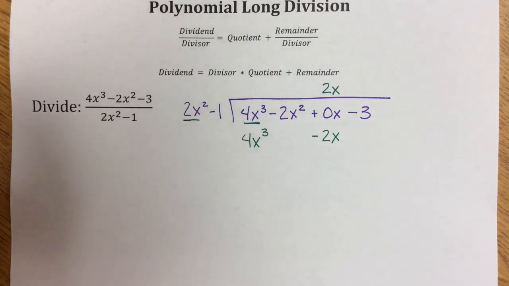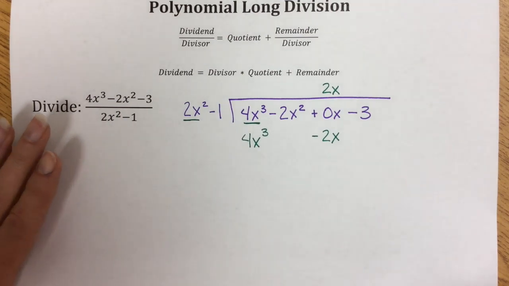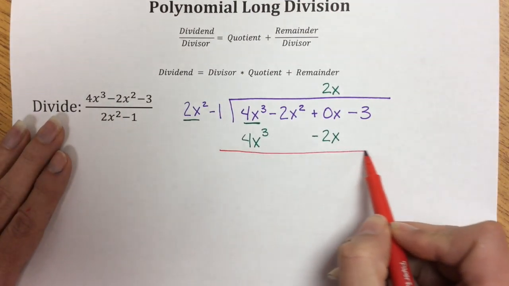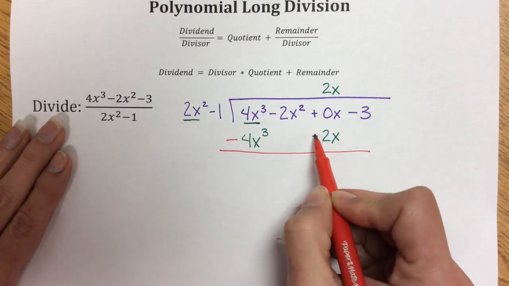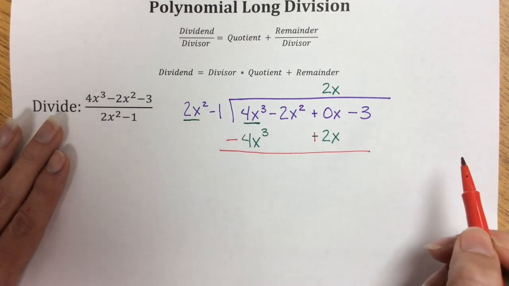Once you're done multiplying, you need to subtract all your terms. And an easy way to not mess up or forget to subtract is to have this saying: draw your line and change your signs. By changing your signs, you are subtracting.